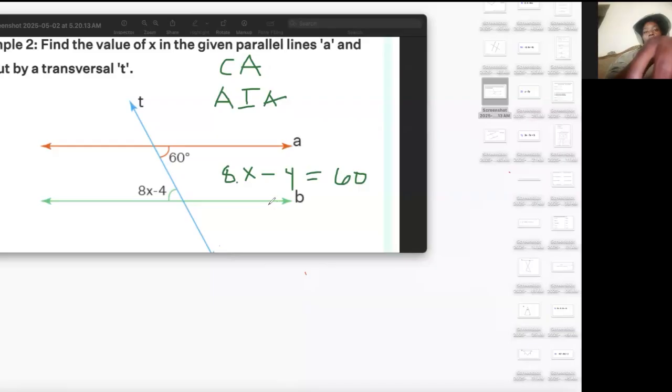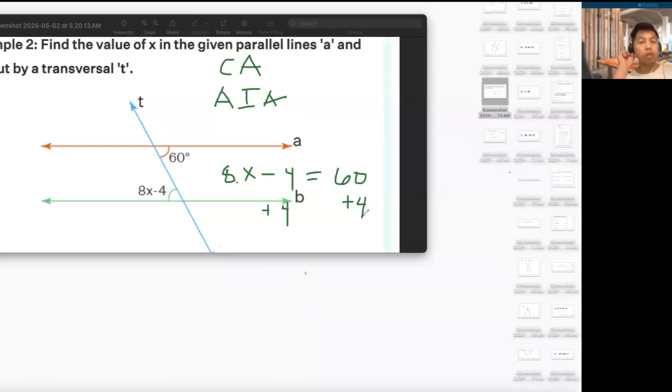So the 8 will cancel and I have x by itself. And 64 divided by 8 is 8. That's right. You add 4 to cancel out the minus 4, so you'll have 8x equals 64. Whatever you do with one side, you do on the other, so you'll have x equals 8. That's great.